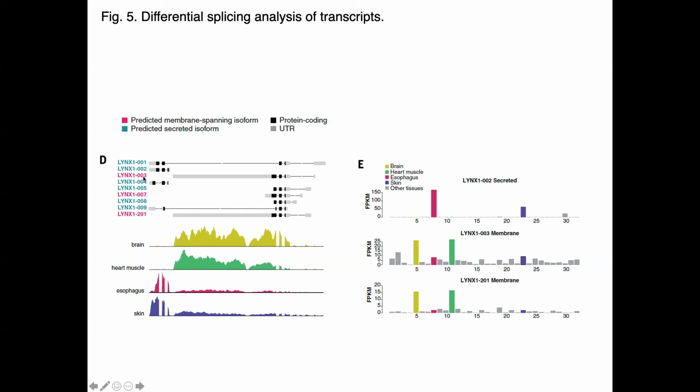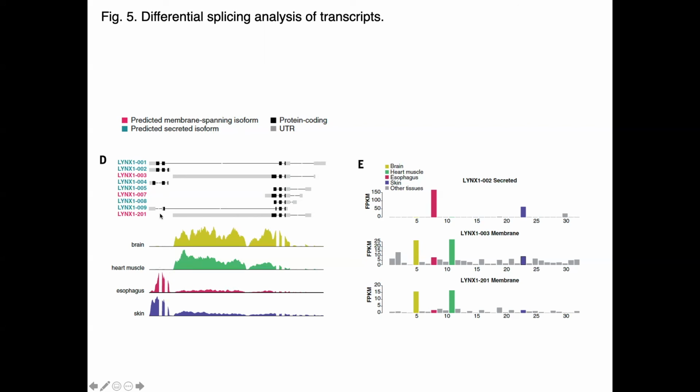One is 003, another one is 201. Both are pink, and they are membrane spanning isoforms. But in contrast, there are no reads found in this region, which is the first 2 to 3 exons that are only located in the secreted isoforms.